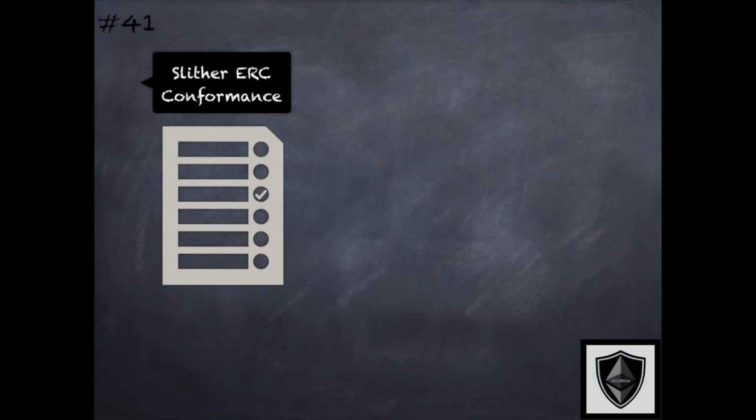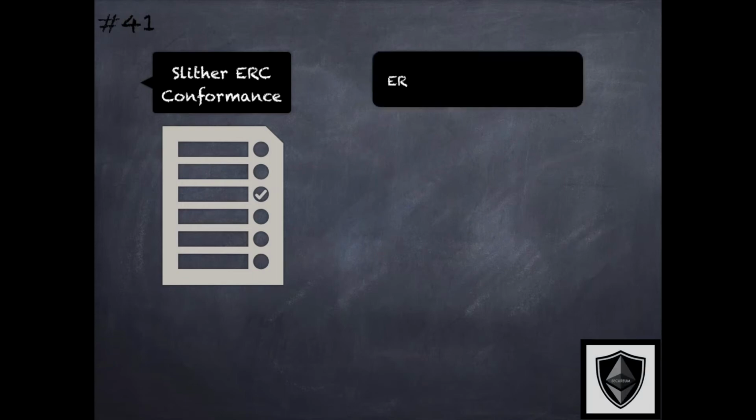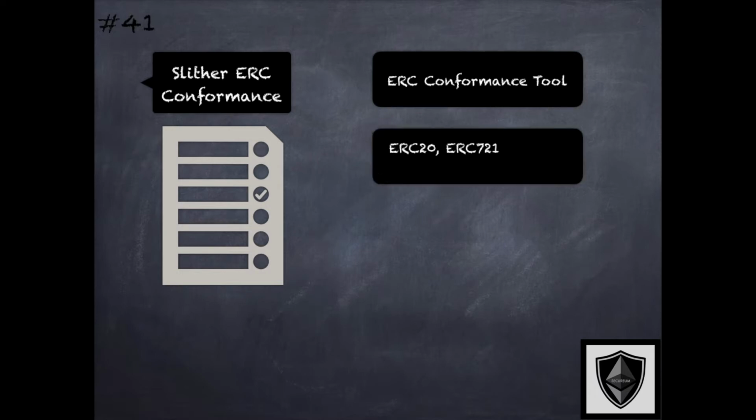Slither has an ERC conformance tool called Slither Check ERC, which checks conformance for various ERC standards such as ERC 20, ERC 721, 777, 165, 223, and finally 1820, some of which we have discussed in the Security 201 module.